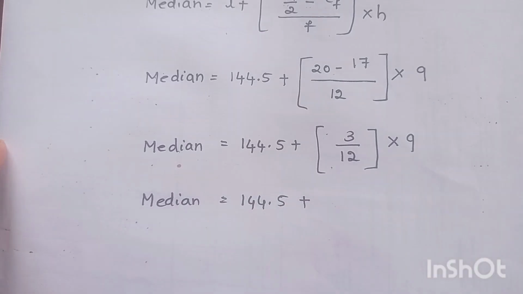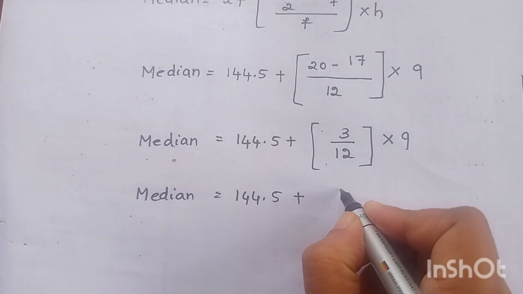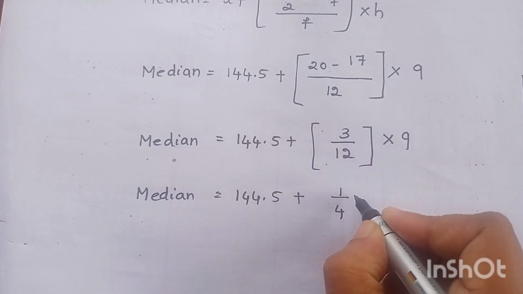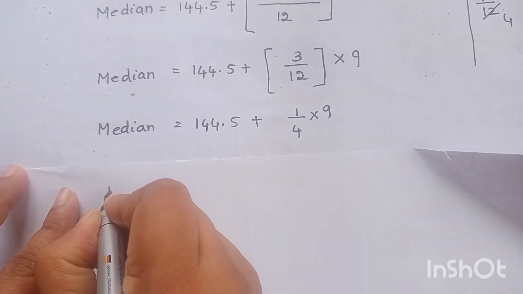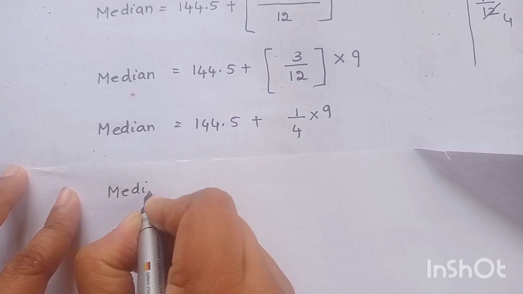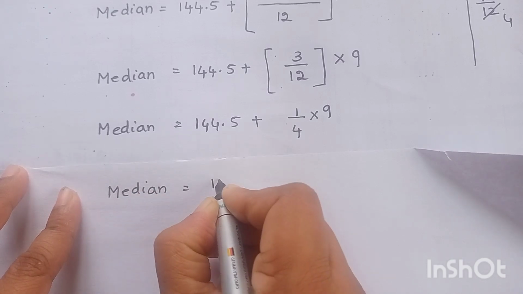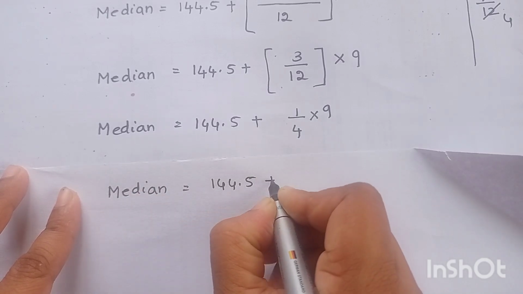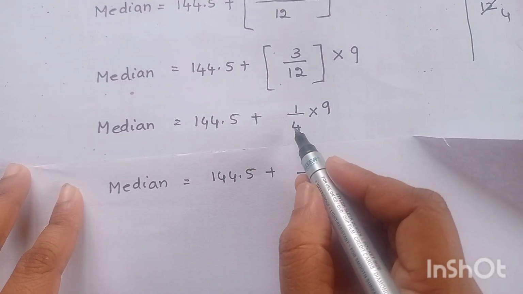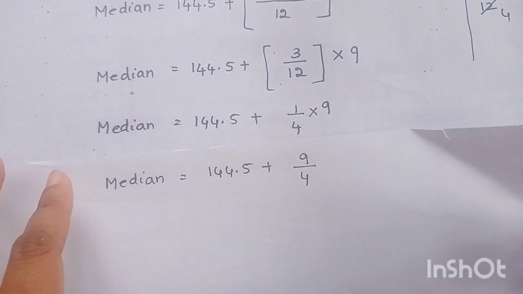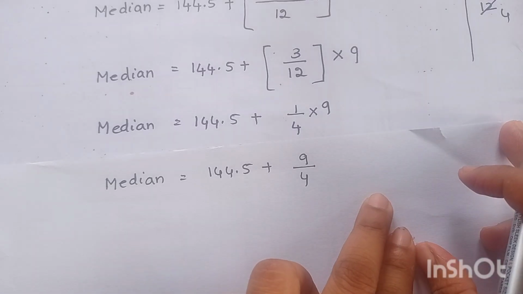Median is equal to 144.5 plus 1 by 4 into 9. That is 144.5 plus 9 by 4.